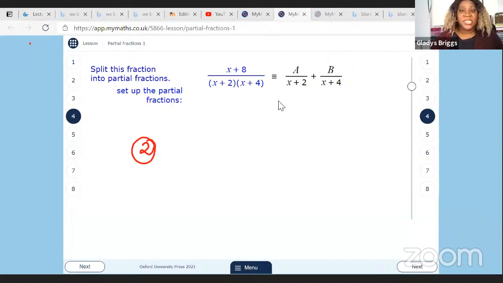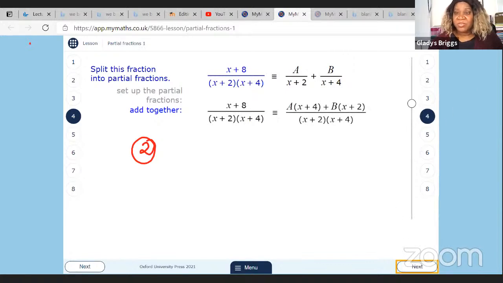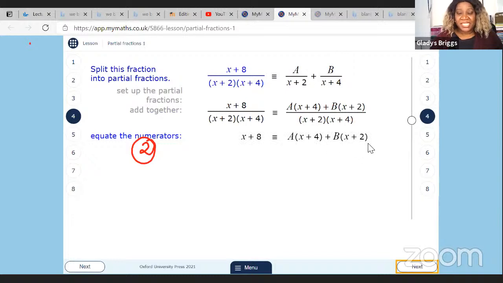Then you say it's equivalent to, and then you expand and put them together. So now the bottom numbers are the same. You equate the top numbers. x plus 8 is equal to this.